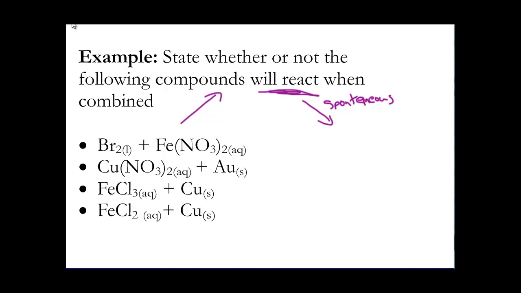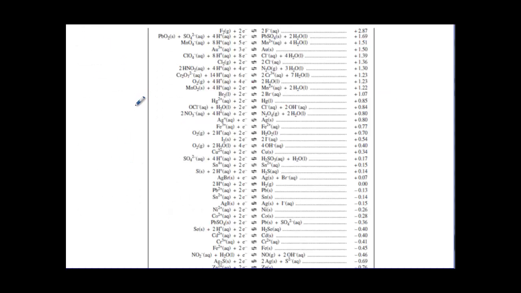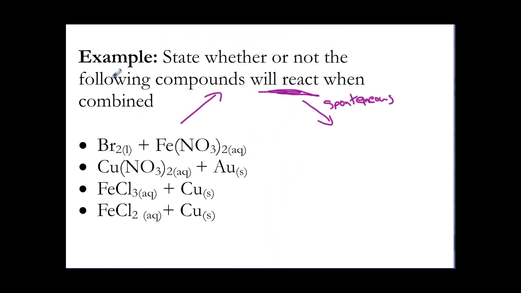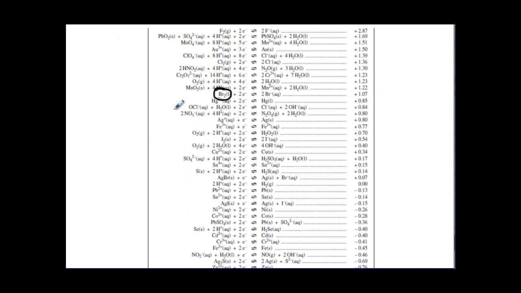So let me try an example here. Here I have bromine liquid. It takes a while to get used to your table and know where things are, but here is where bromine liquid is. So I'll just try to pause so that you guys can try to find these things. Then I would suggest, let's try to find these species right here. This is going to be the iron 2+ version, because of that 2 right there. And then there's also a nitrate.